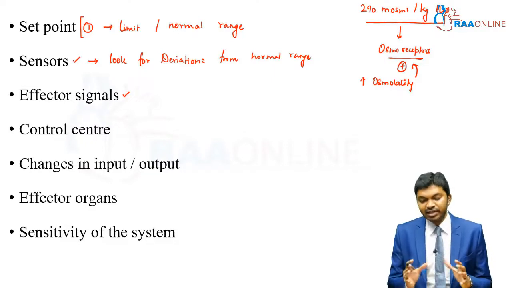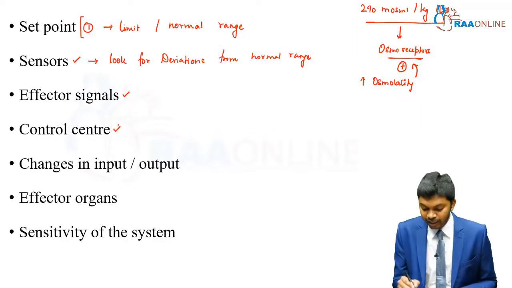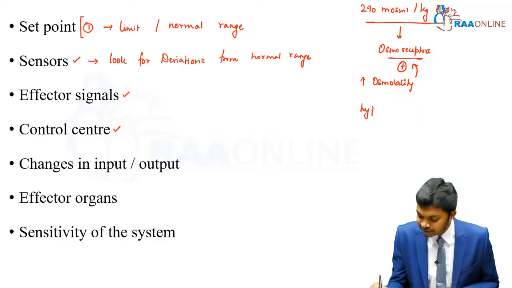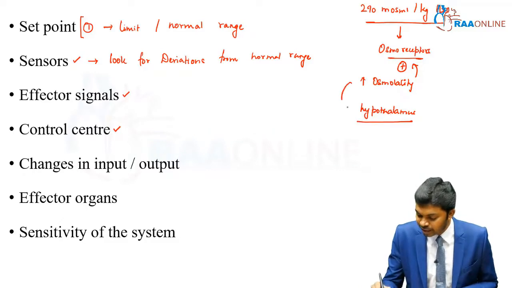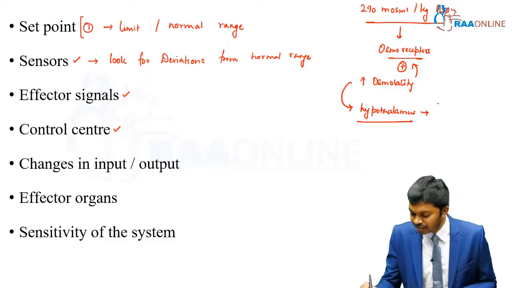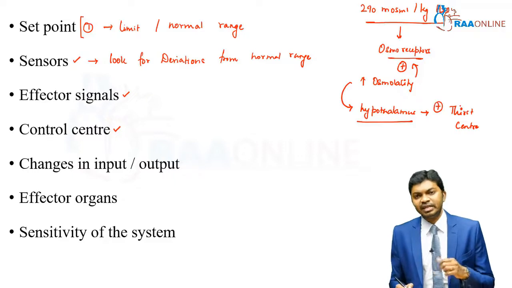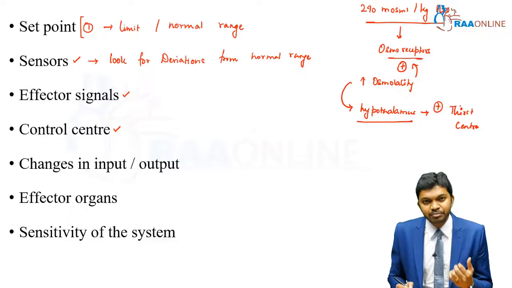Once the signal is delivered, we have something called the control center, where again in this case the hypothalamus is the control center. So what does the hypothalamus do? It senses the increased osmolality and activates thirst centers. The lateral nucleus of the hypothalamus is the thirst center. Once the thirst center gets activated, the subject drinks more water, so that osmolality becomes normal.